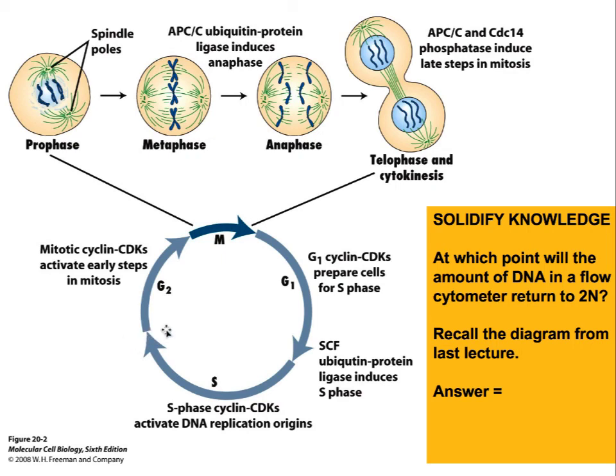However, at the end of S phase, all the cells should have double the amount of DNA until they enter M phase. And here's M phase expanded. And the question is, how long before the amount of DNA drops back down to the original 1 dose? And the answer is quite simple, that it happens when the cells divide.